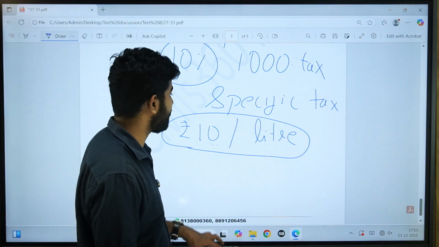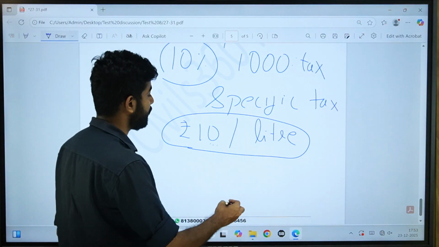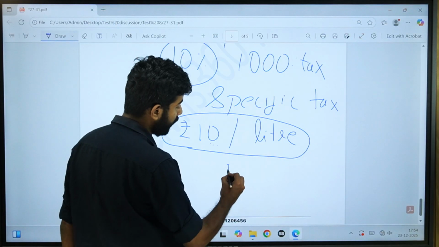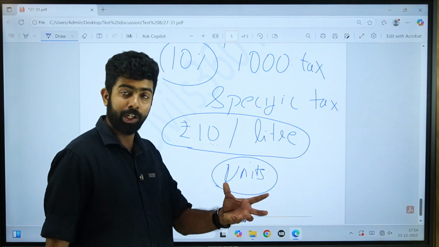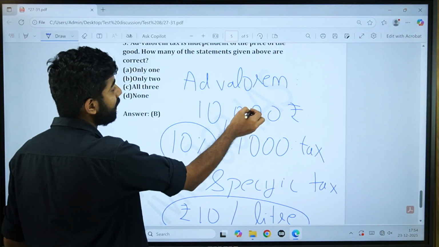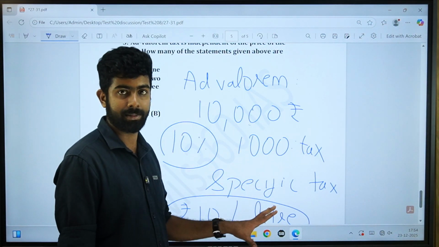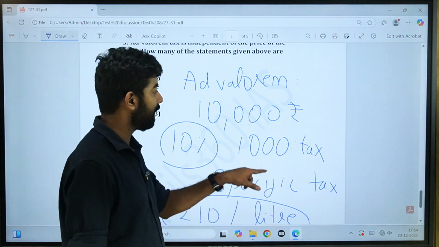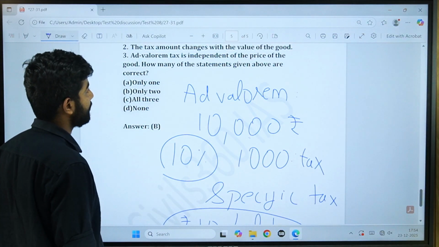This rupees 10 is constant, and the total increases based on the units of consumption. Individual units are taxed. Here the entire value, or what you are consuming, is taxed. I hope this concept is clear.